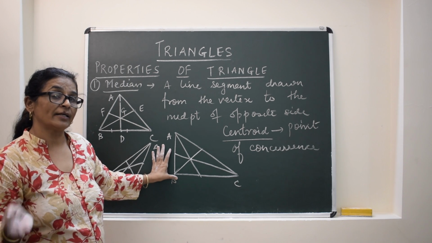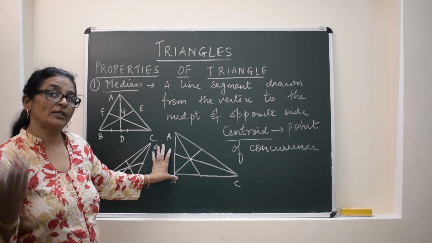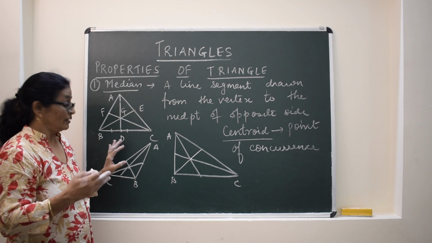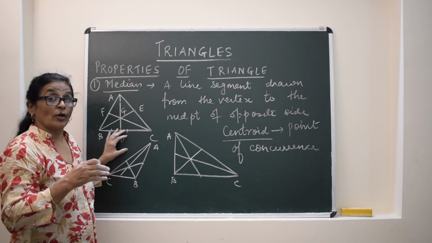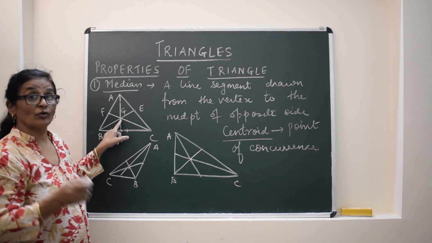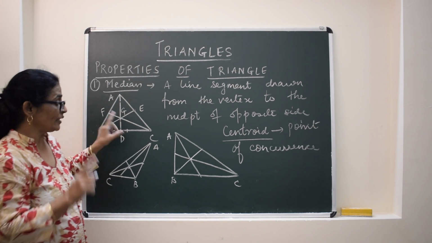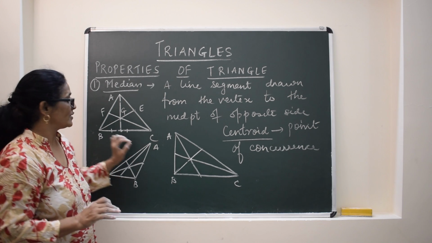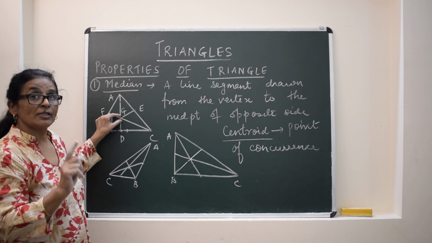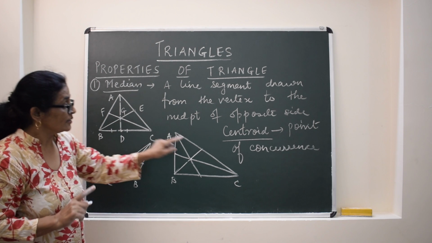When two lines meet, they are called intersecting lines. More than two lines where they meet, that is called point of concurrence, and those lines are called concurrent lines. But if you are taking two medians, then it will be called point of intersection. That is the difference. So the point of concurrence of medians is called the centroid.